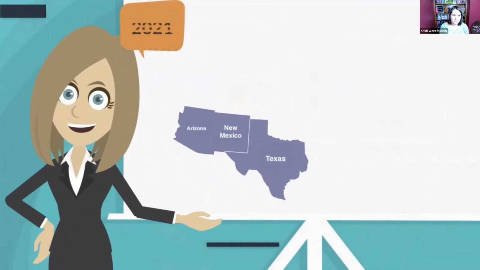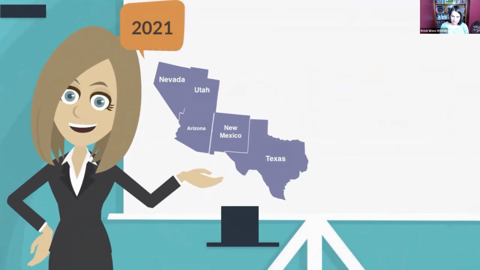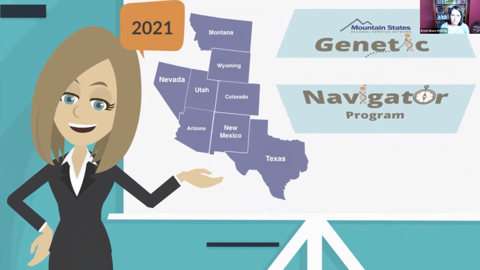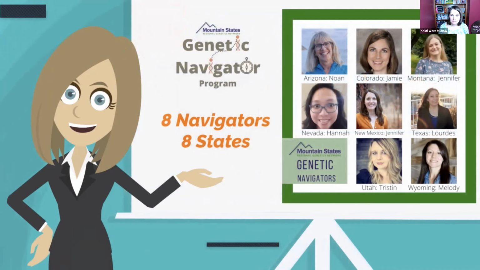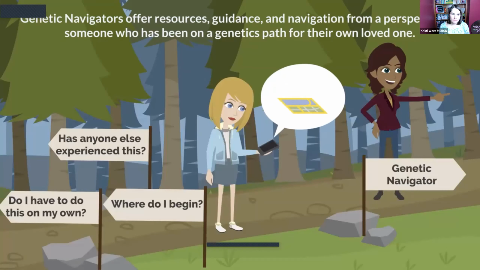In 2021, Mountain States Regional Genetics Network selected 8 individuals who had navigated the genetic journey for their own loved ones in their own state. These individuals became our genetic navigators and are now available to help families navigate genetics.